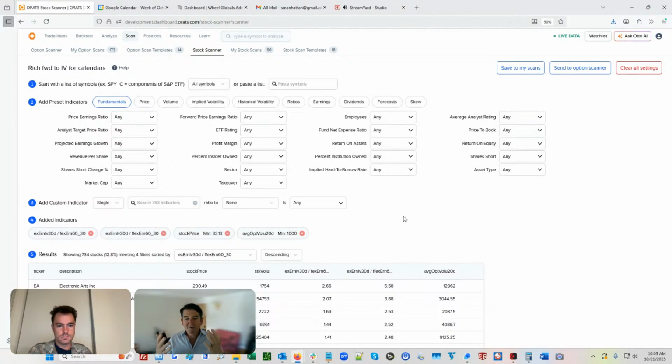And how do you know if it's cheap? It's cheap versus the front month, like the volatility between those two versus that 30 days. So 30 to 60 forward. What I do is take the 30-day divided by the 30-60 forward, and that's the ratio we're looking for. Does that make sense?